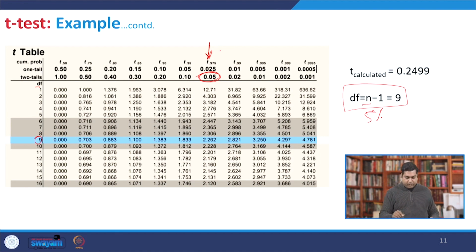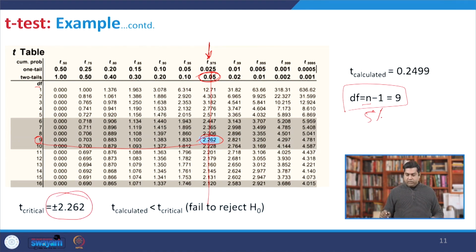So, if you intersect this particular point, the t critical value that we get is plus minus 2.262. Now, we have the critical value more than the calculated value, or in other words the calculated value is less than the critical value.